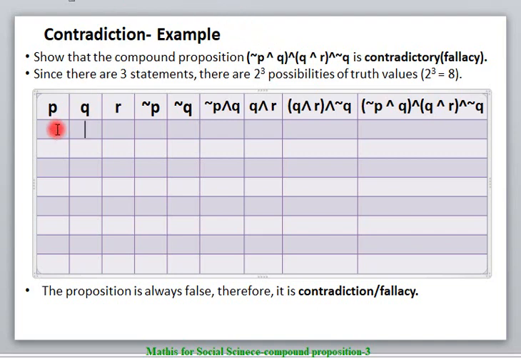Therefore, we proceed to construct the truth values as usual. True, then false. We are going to reduce this by 2, then true, false, true, false. Then for R, we are going to write by reducing by 1: true, false.